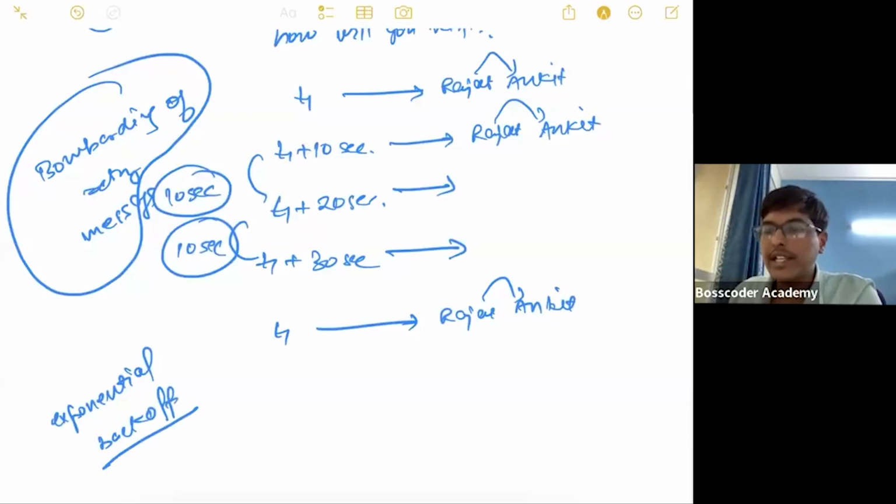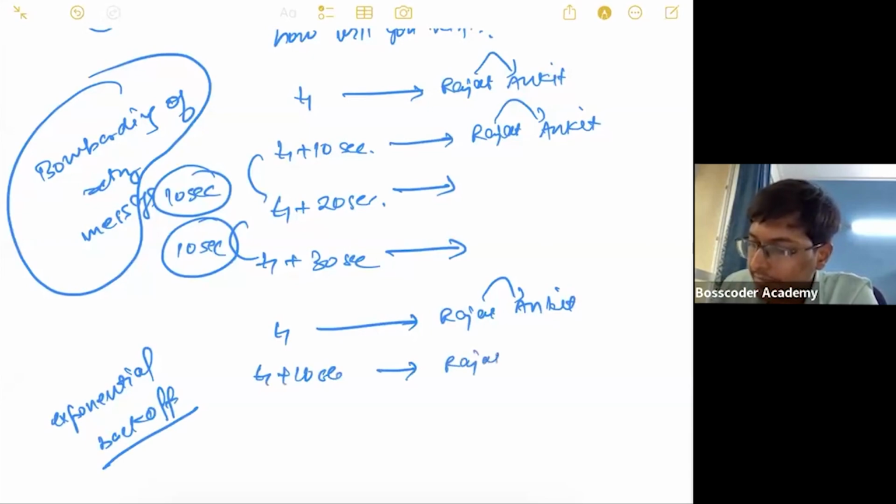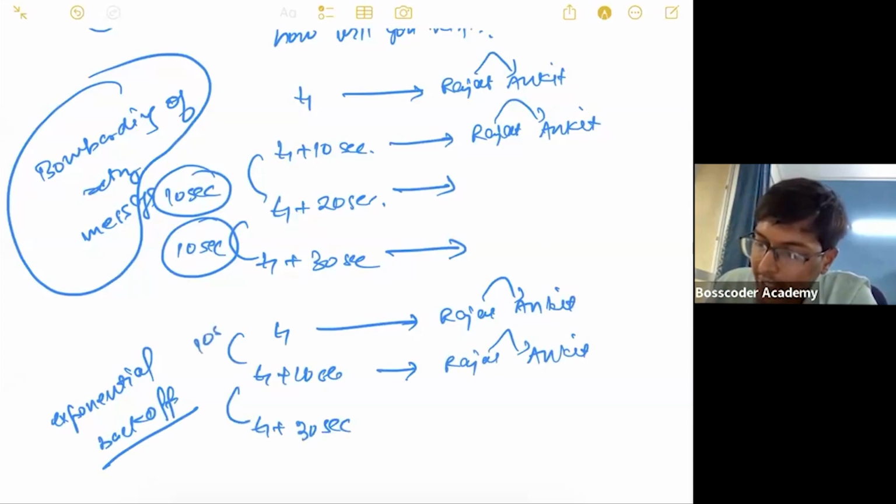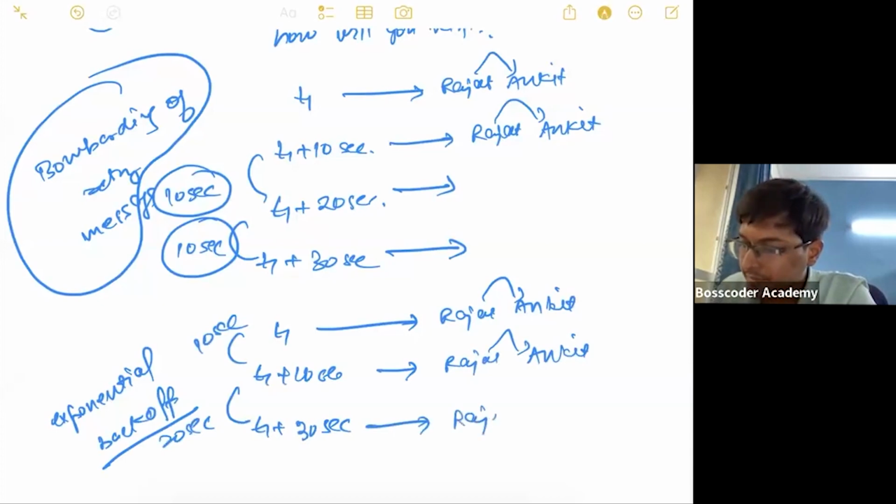which uses exponential backoff, which means at T1 plus 10 seconds, you will again retry. But then you will retry after 20 seconds. So you will retry at T1 plus, here you have 10 seconds of delay, but here you have 20 seconds of delay. Right?